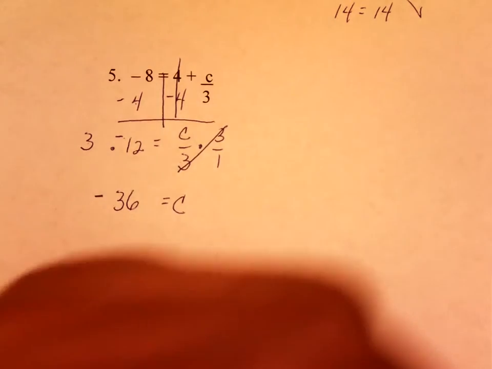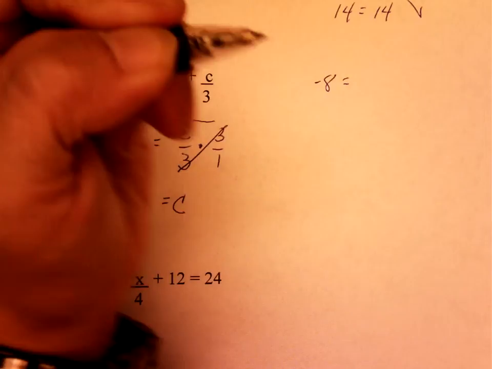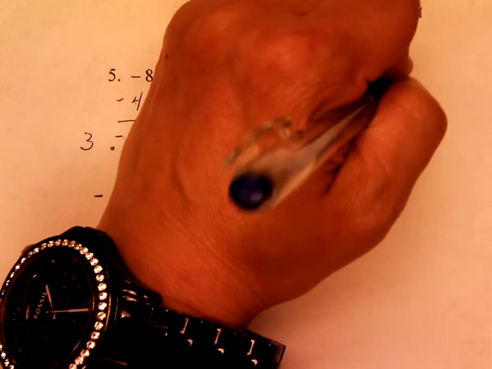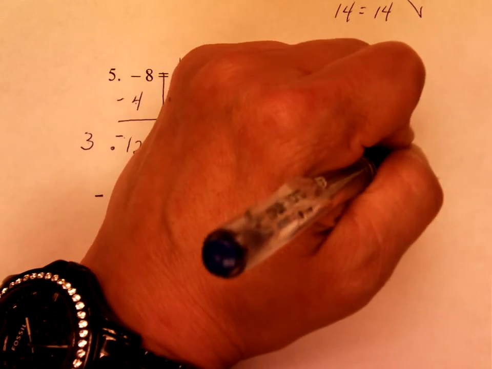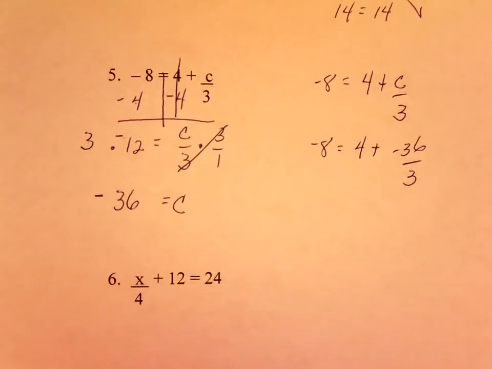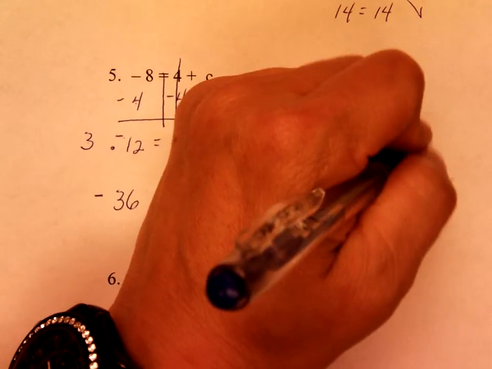To do your check, you have negative 8 is equal to 4 plus c divided by 3. Replace your c with negative 36, so negative 8 is equal to 4 plus negative 36 divided by 3. Order of operations tells us we have to divide.